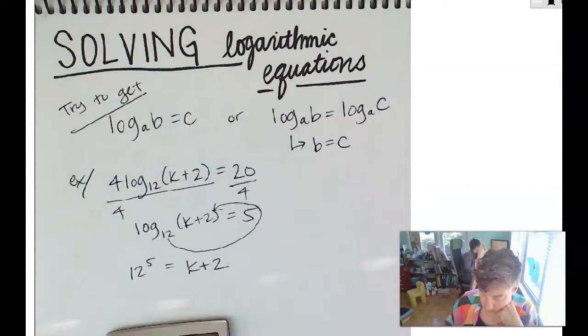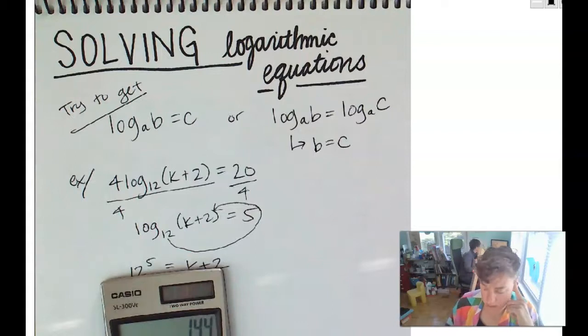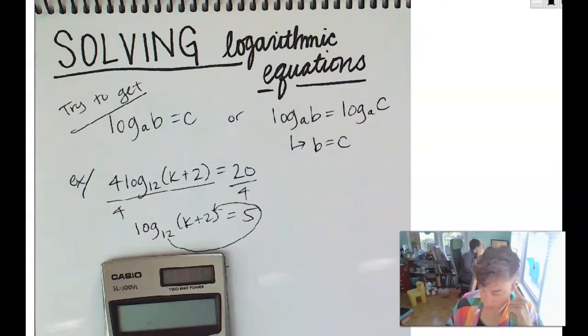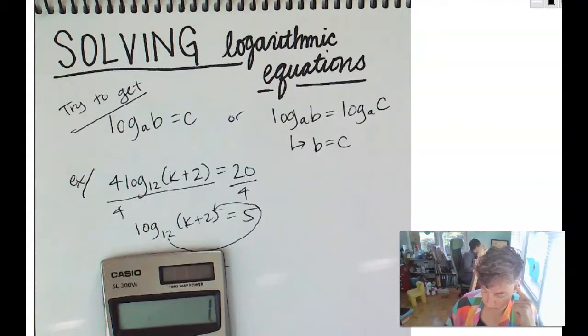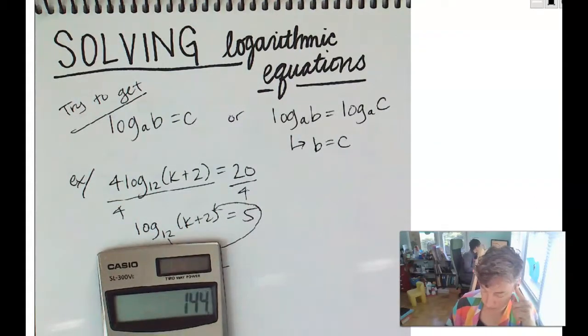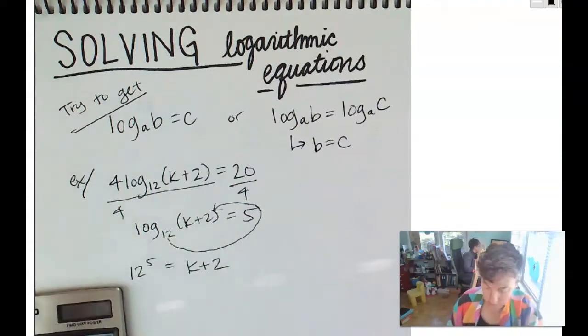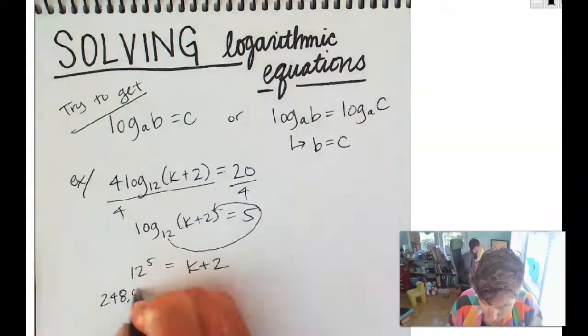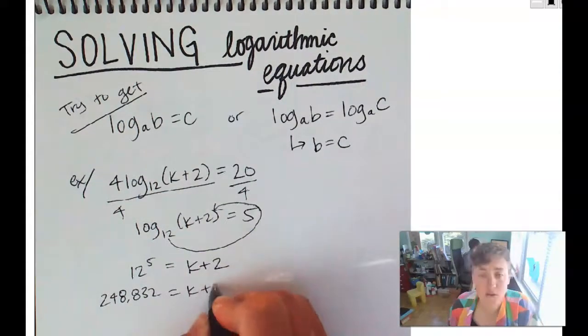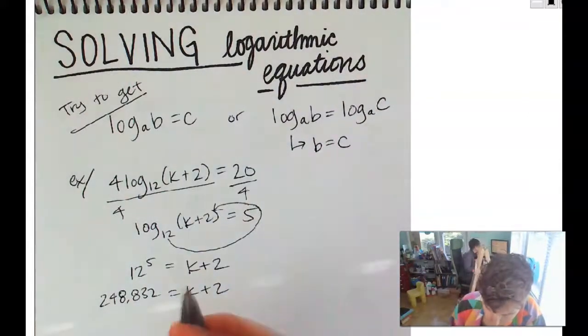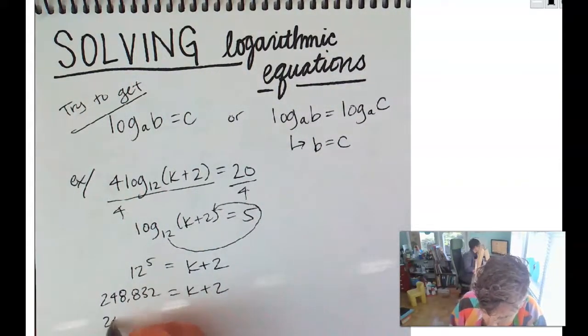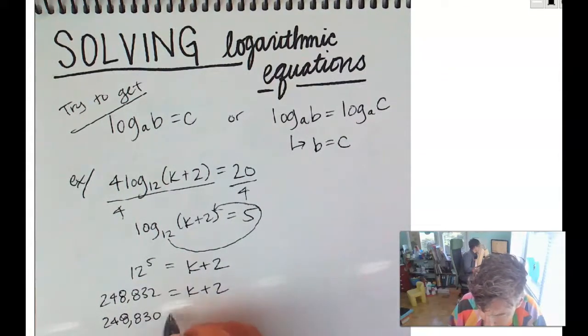Now 12 to the 5th, I think it's going to be a pretty large number. 12 squared, cubed, to the 4th, to the 5th: 248,832 equals k plus 2. Subtract 2 on both sides, so we get that k equals 248,830.